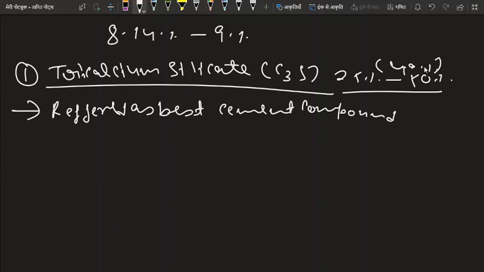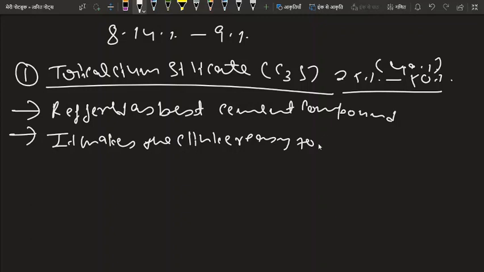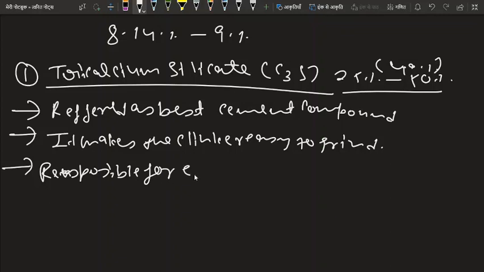If you have tricalcium silicate in large amount, about 40%, it makes the clinker easy to grind. And it is responsible for early strength.